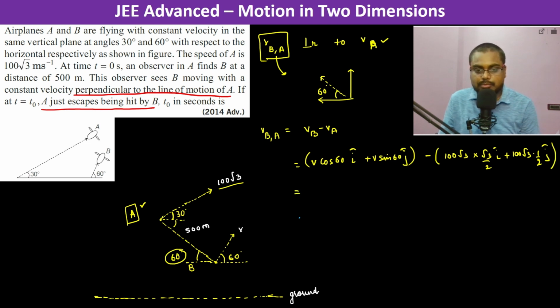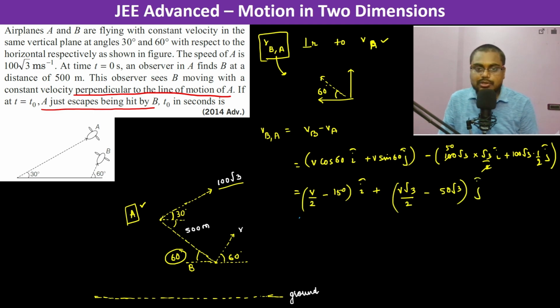So this is going to be (V by 2 minus 150) i cap plus (V root 3 by 2 minus 50 root 3) j cap.